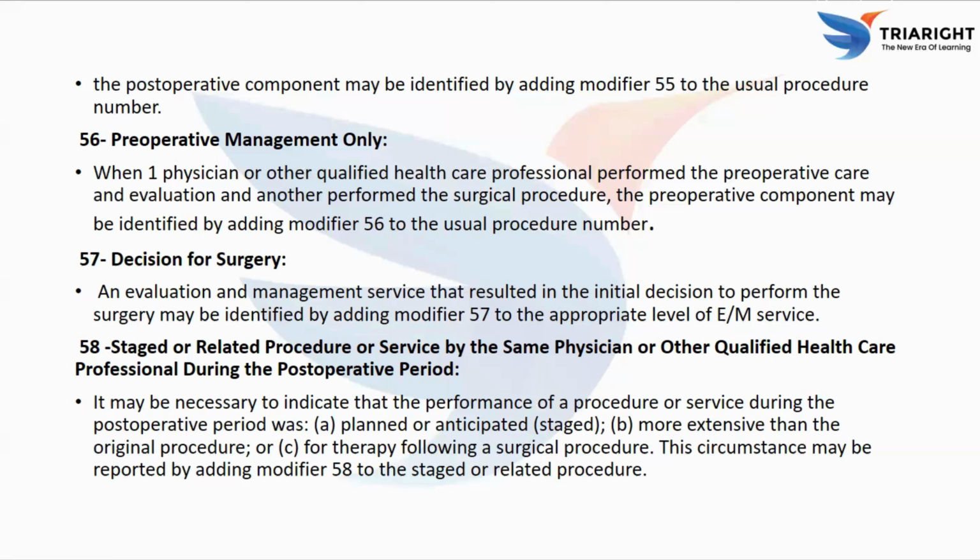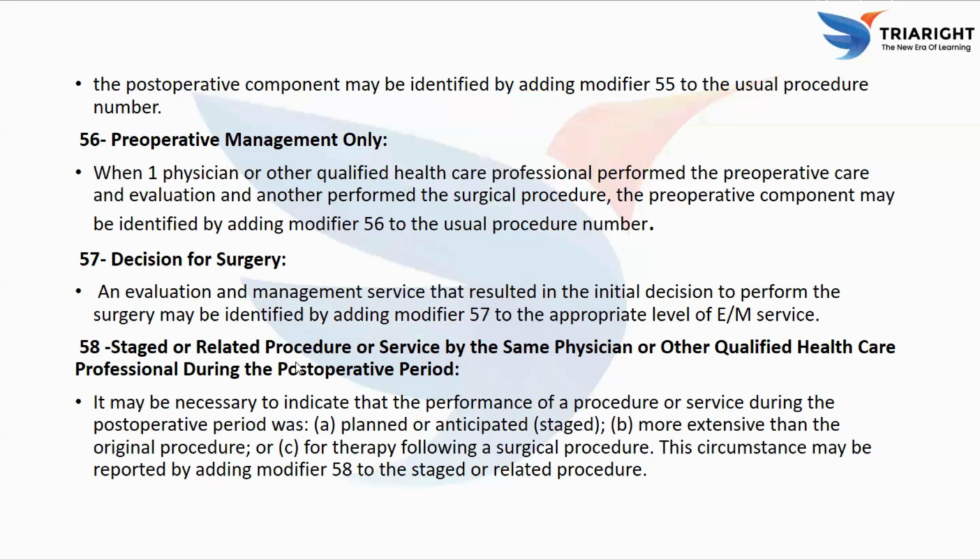Example: a patient comes with severe abdominal pain, the doctor evaluates and decides emergency surgery is required today. In this case, you assign the E&M code plus modifier 57. You should not use modifier 57 for minor procedures; for minor procedures, you use modifier 25.